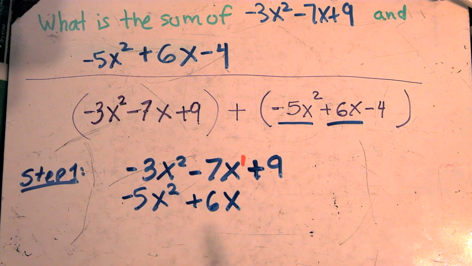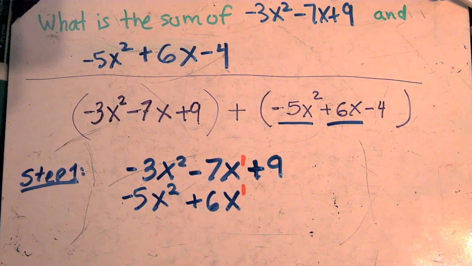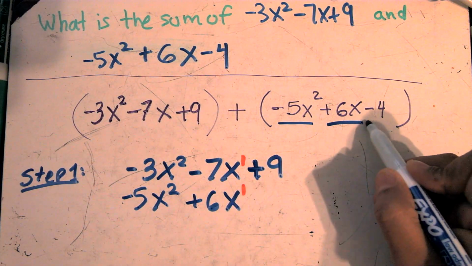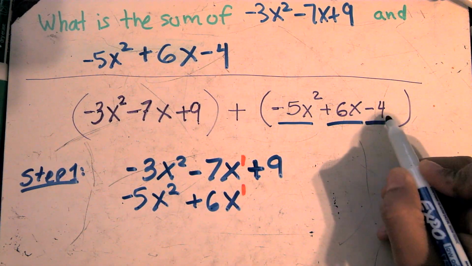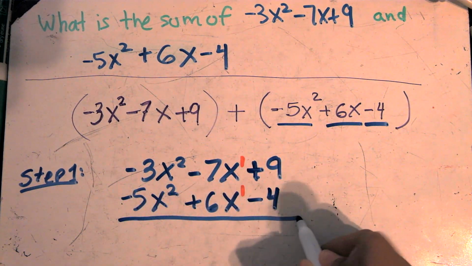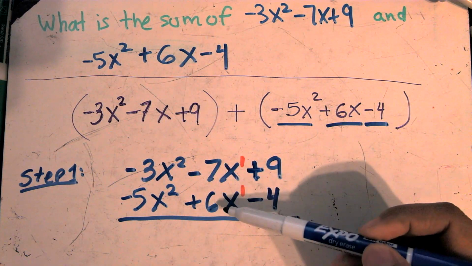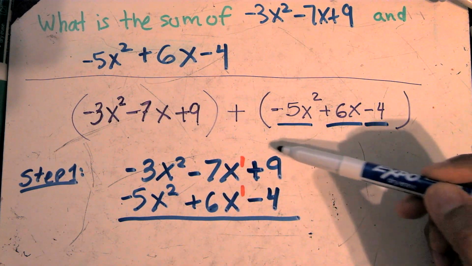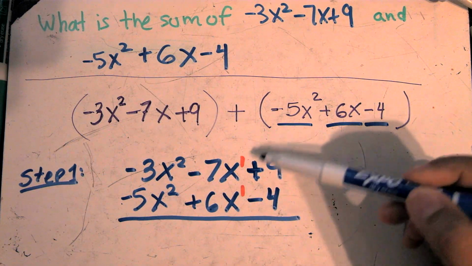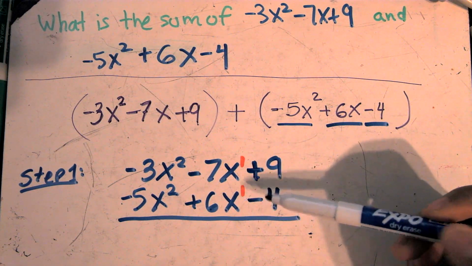Again, remember if I don't see an exponent, it's because there's an invisible exponent of 1. And then I'm not going to forget the minus in front of the 4, the minus 4. So they're now lined up vertically by like terms. Same variable, same exponent. And these don't have any variables, but all numbers are like terms. I can add and subtract all numbers.